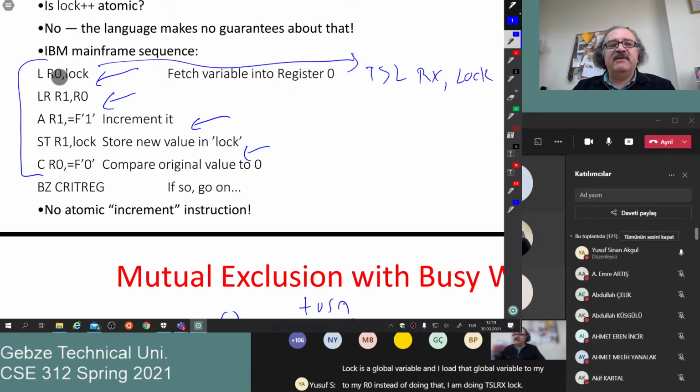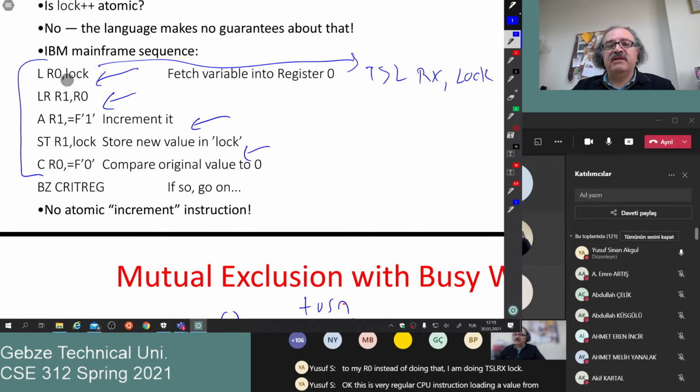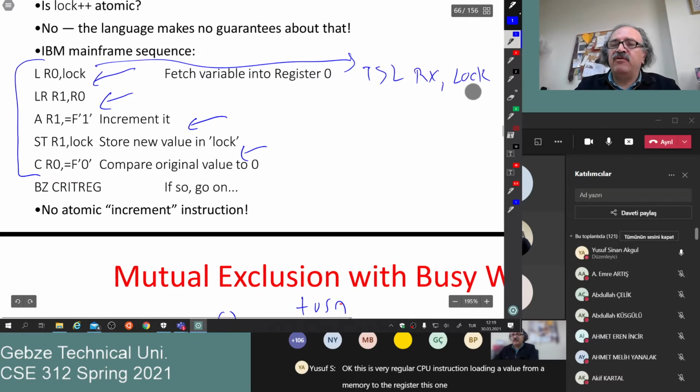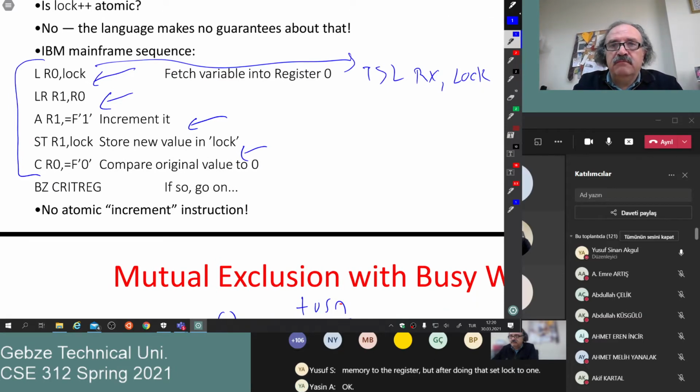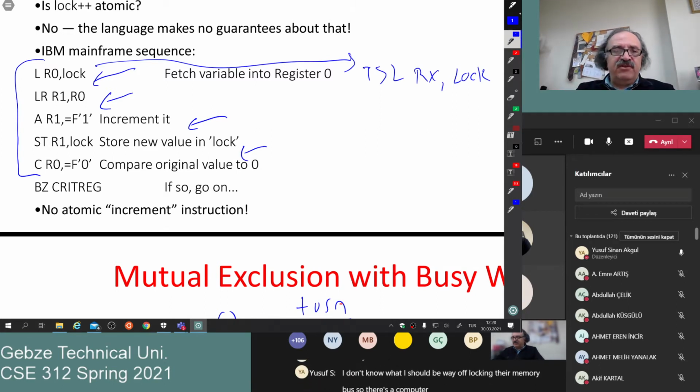This is a very regular CPU instruction, loading a value from memory to the register, but after doing that, it sets lock to 1. So this is the feature of the TSL command, not the variable. TSL is a special CPU instruction, and that special instruction has to be supported by the hardware, by the CPU. Of course, there should be a way of locking the memory bus. That's a computer architecture feature.